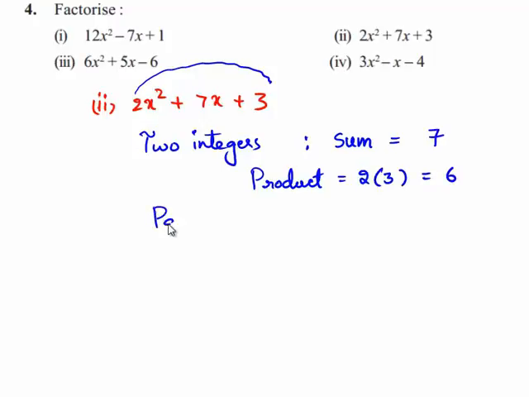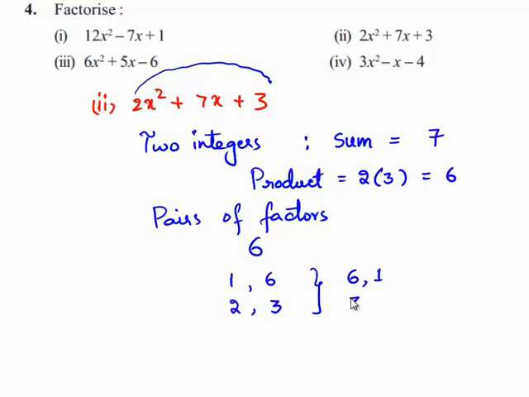Let us write the pairs of the factors for 6. So 6 can be written as 1 times 6, 2 times 3, also 6 times 1 as well as 3 times 2. So let us make use of any of the given pairs of factors for getting the sum of 7. So we can use 1 and 6 for getting the sum as 7, in the way that 1 plus 6 is equal to 7.